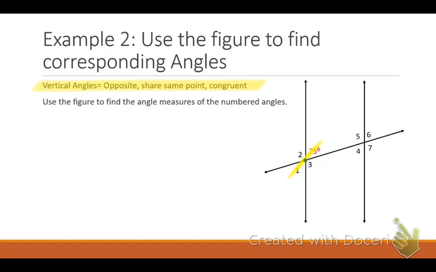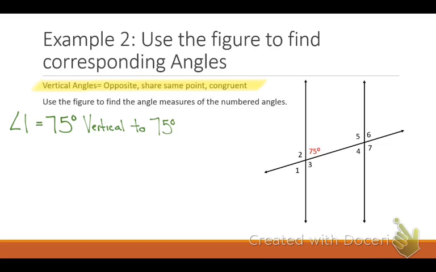This middle point means it shares the common point and it's opposite. Here's my rule: vertical angles are equivalent in measure. So that means that angle 1 is also 75 degrees. And here's my why: it's vertical to 75 degrees.